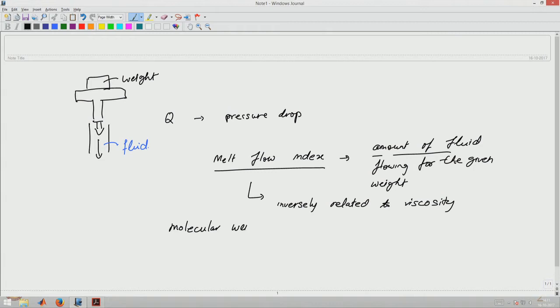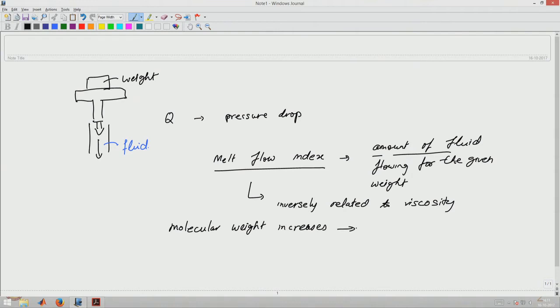And of course, we know that melt flow index will increase with increasing temperature, because viscosity will decrease with increasing temperature. Other way also, as a function of molecular weight, when molecular weight increases, what would happen to melt flow index?